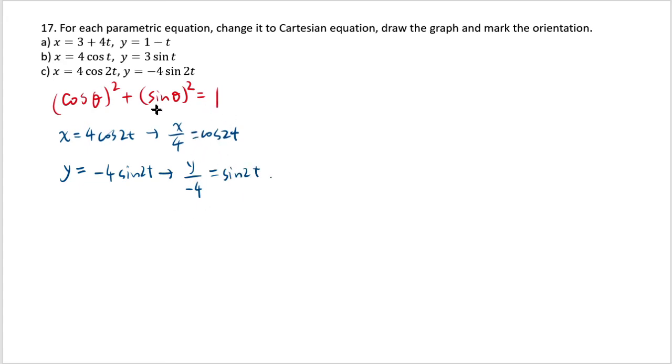Then, because I can set theta as 2t, I can replace cosine 2t and sine 2t by x over 4 and y over negative 4. Okay, so here's what I mean. First, rewrite this as cosine 2t squared plus sine 2t squared equal to 1.